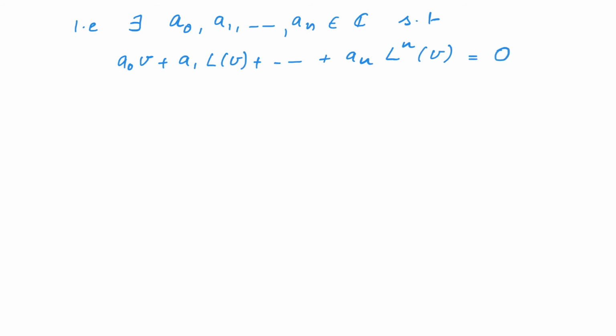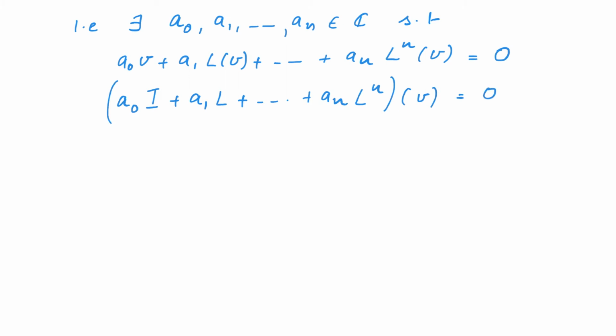But this reminds us of polynomials, and therefore we can rewrite this as (a0 into I plus a1 into L plus etc., up to an into L power n) acting on v is equal to 0.